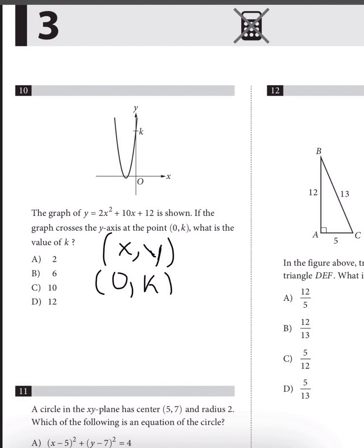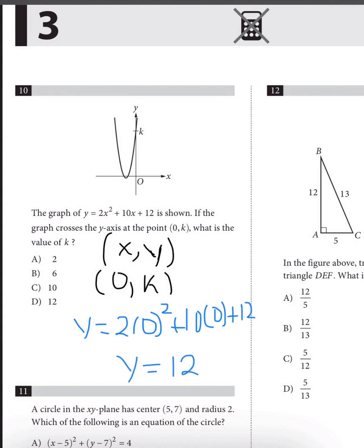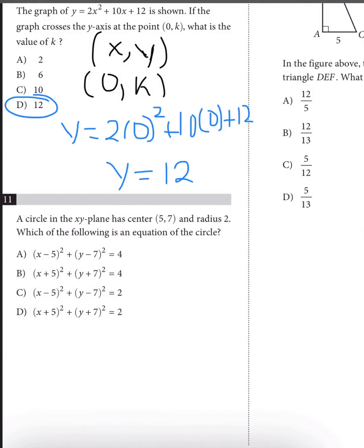So all we have to do is y equals 2 times 0 squared plus 10 times 0 plus 12. So we get y equals 12. Answer D.